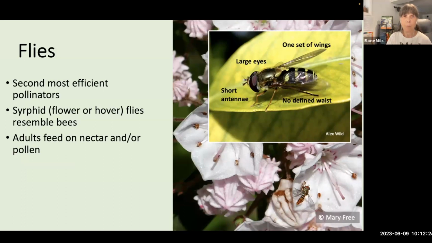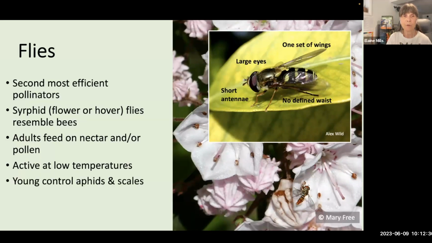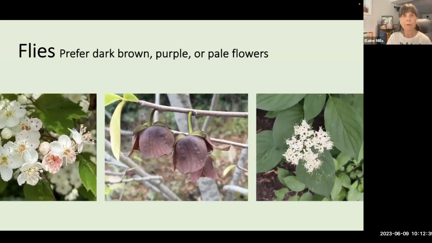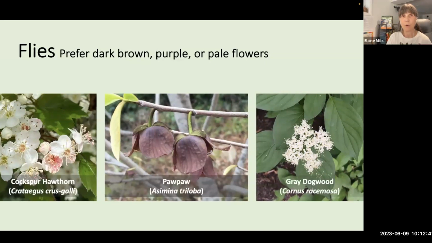The adults will feed on nectar and/or pollen, and they can be active at fairly low temperatures. Their young are helpful in the garden in controlling aphids and scales. Flies prefer dark brown, purple, or pale flowers, and examples of those would be cockspur hawthorn, pawpaw, and gray dogwood.